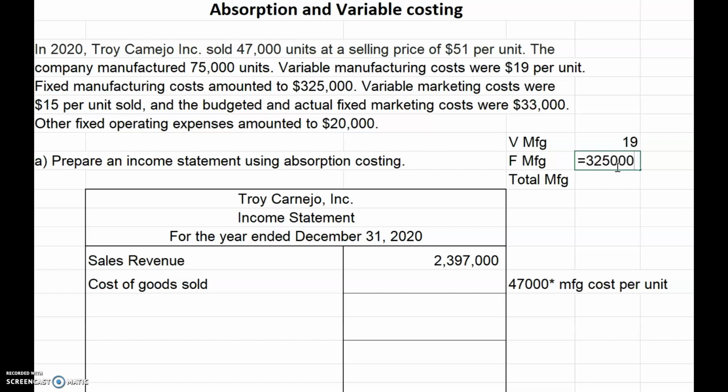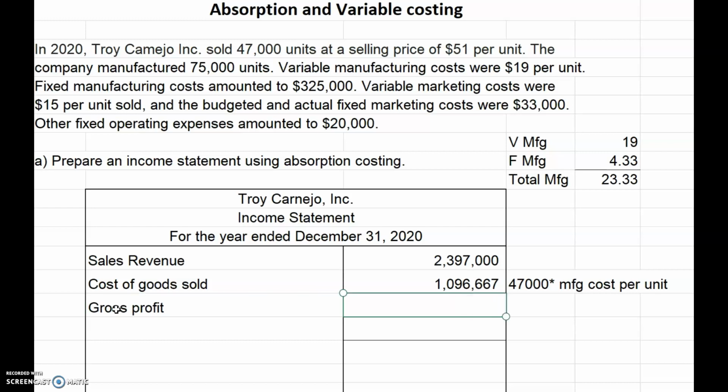Well, we incurred that $325,000 in fixed manufacturing costs to make 75,000 units. So that means it costs $4.33 to make 1 unit. So in total, it costs $23.33 to make 1 unit. So we'll multiply the 47,000 times the $23.33. So there's our cost of goods sold.